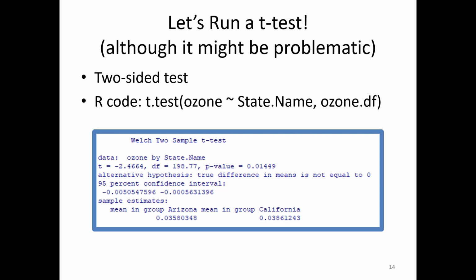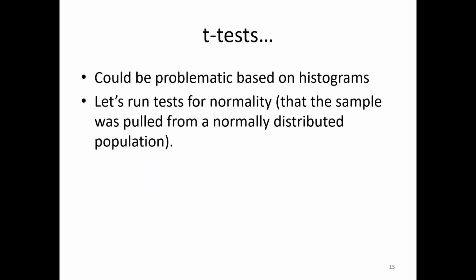But we really need to think about the assumptions, right? We can't just report the t, the degrees of freedom, and the p-value and call it a day, right? We need to think about those assumptions and see whether or not these results are valid. So it could be problematic based on our histograms.